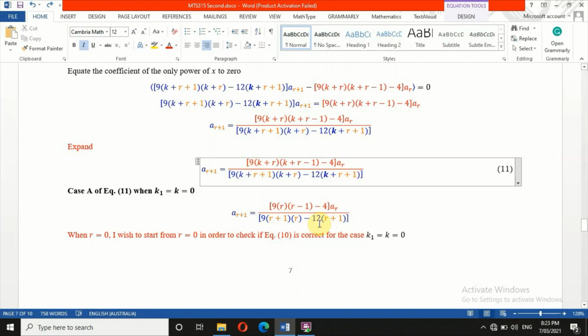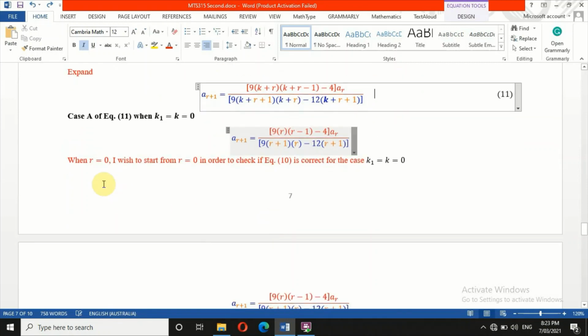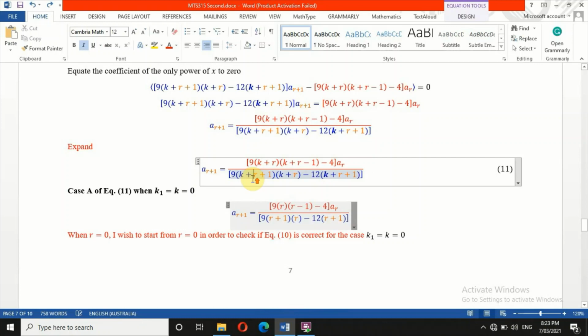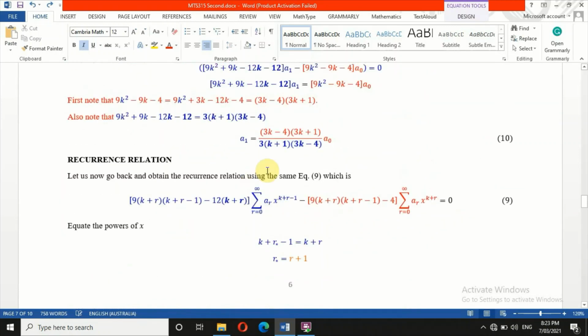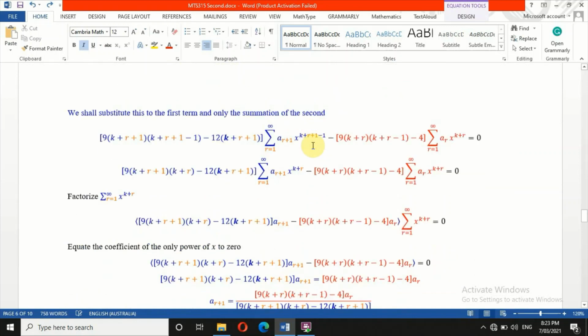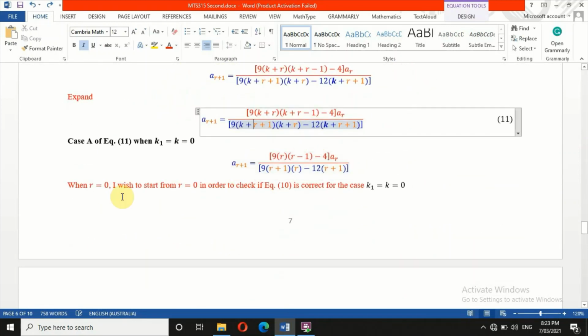So wherever you see k here, you put 0 here. Then you start over again from r equals 0. I intentionally want to start again from r equals 0 to see if my recurrence formula here will give me the same thing as my equation 10. That is exactly the reason why I'm starting from r equals 0, in order to check if equation 10 is correct.